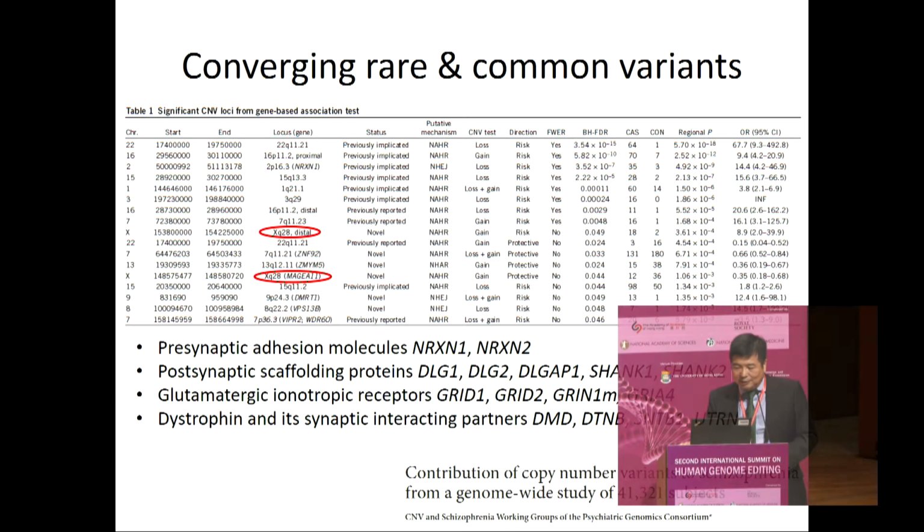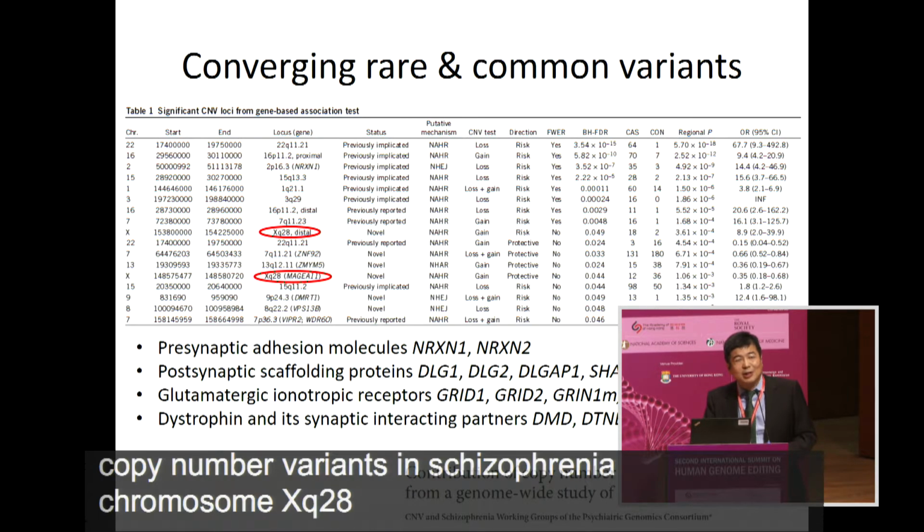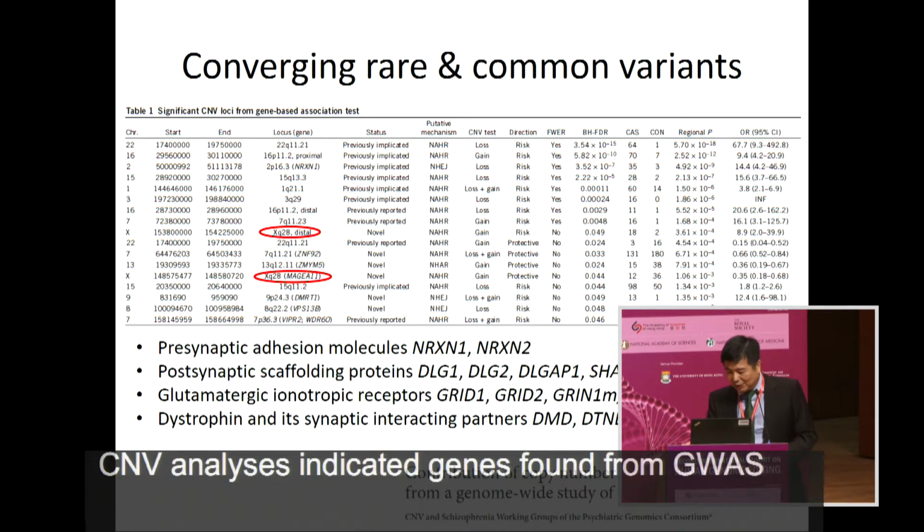And the CNV analysis on these 41,000 subjects also implicated genes that were implicated in the GWAS, namely genes that are important in the function of the synapse, genes that are relevant for glutamatergic neurotransmission, and dystrophin and interacting partners.